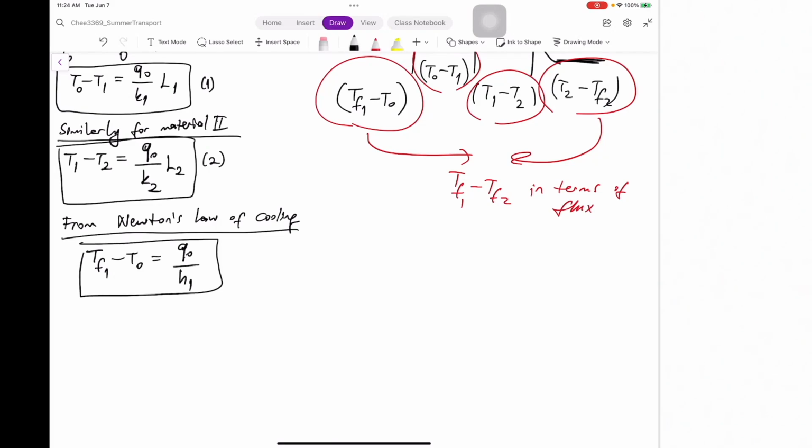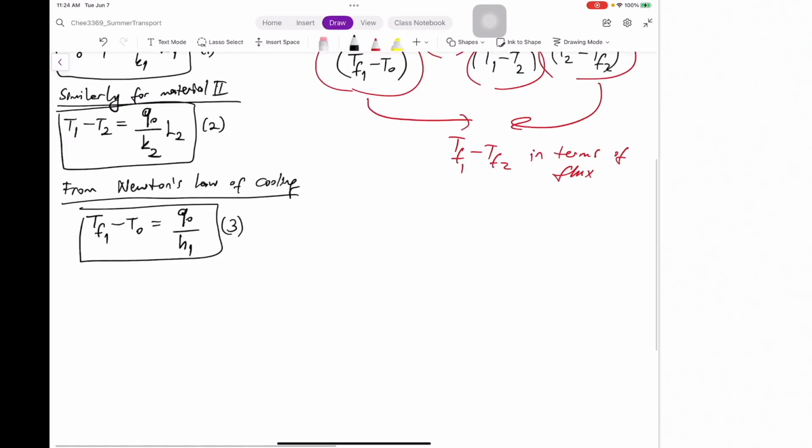Let's call this equation 3. And for the other side of the material, for fluid 2, this was for fluid 1, now this is for fluid 2. T2 minus Tf2 is equal to Q0 again divided by H2.